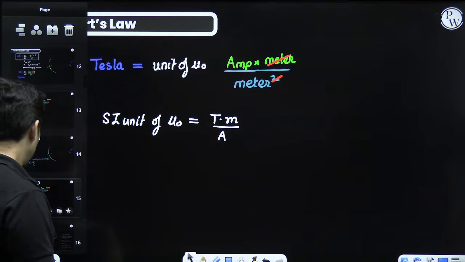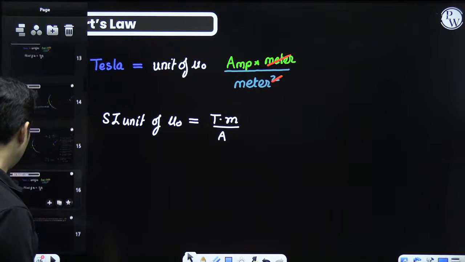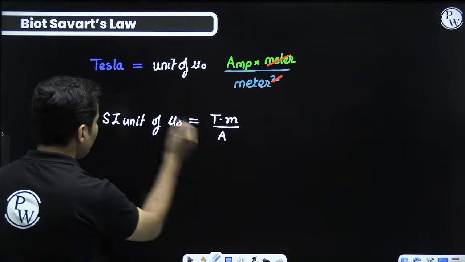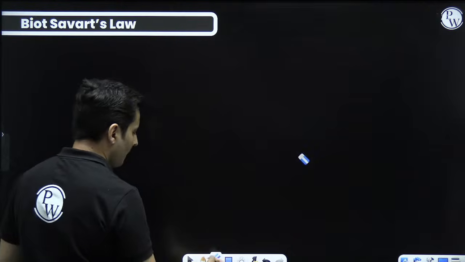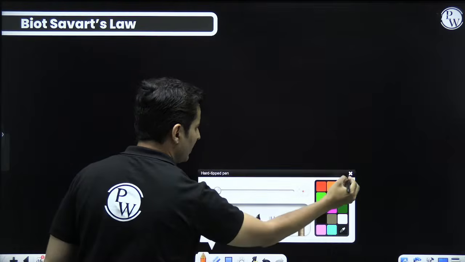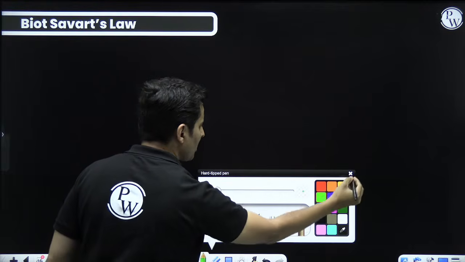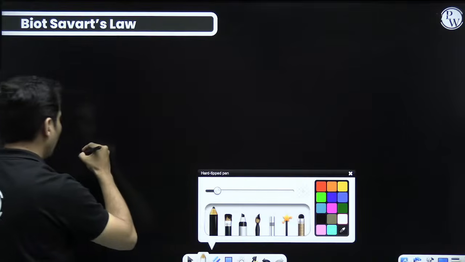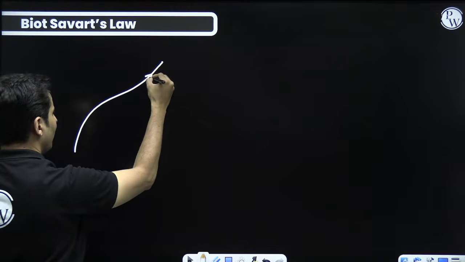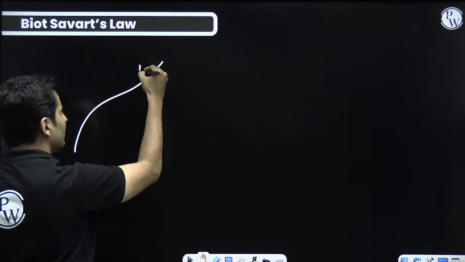Great. Before going ahead, let me also remind you, if you have multiple wires, or a wire which is in general long, then what do you do? Say you have a long wire or long wires carrying some currents.